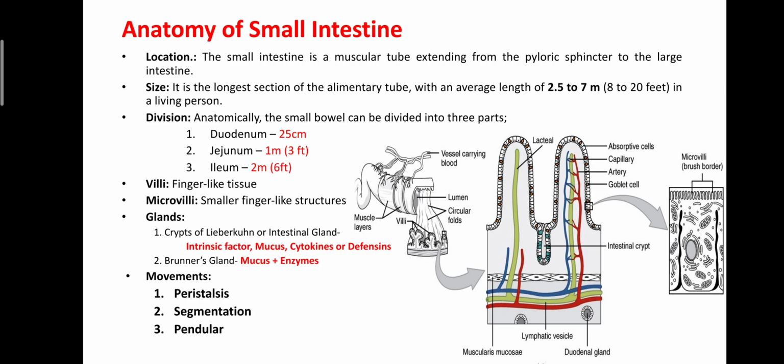Due to mixing properly, the digestion can occur completely. Then it is helpful for the various chemical or enzymatic digestive reactions. So due to that, all kinds of food can be digested. That's why these three movements of the small intestine play an important role in the digestion of the food and propagation of the food in the small intestine.